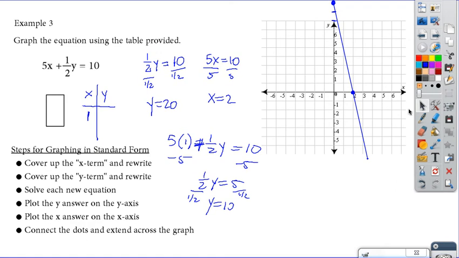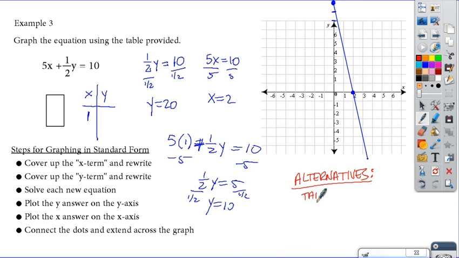Keep in mind the alternative would be to solve for y, so that it's in y equals form, or use a table of values. So alternatives: when the strategy you're trying to use does not work, remember all the alternatives that we have for graphing right now.